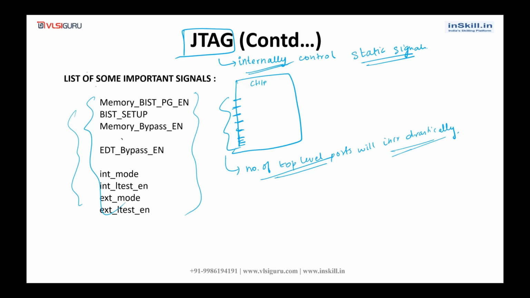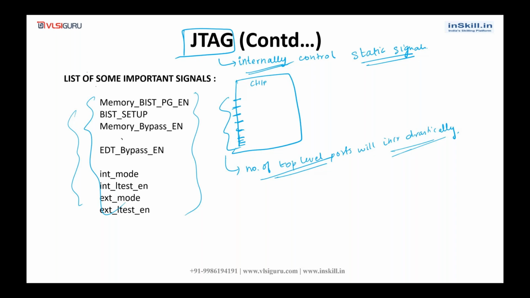If you use JTAG to internally control these static signals, we require only 5 top level ports. That is how we are able to minimize the number of top level ports.